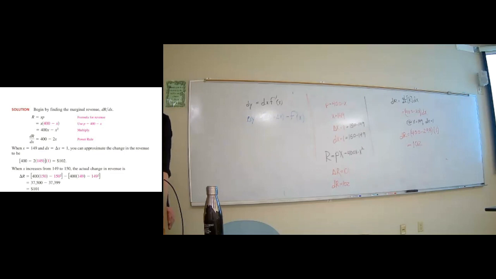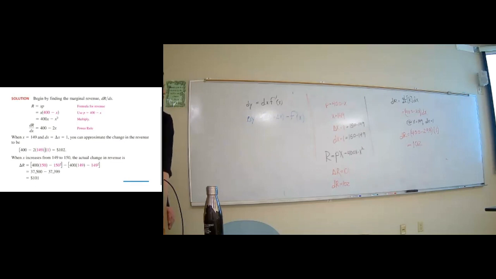Does that make sense what I mean? Now comparing that to our actual increase in revenue, that was $101. So the tangent line is accurate up to about $1, which isn't half bad. If you had changed dx to be a larger number, it would be off by more. But this gives you an idea of the accuracy.